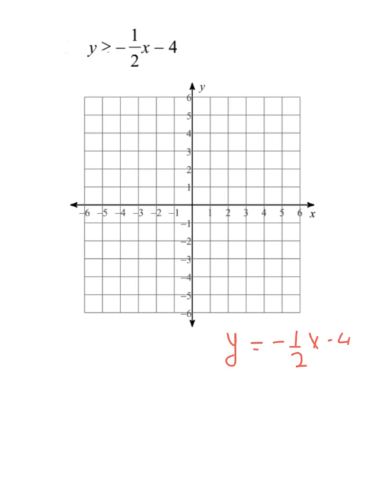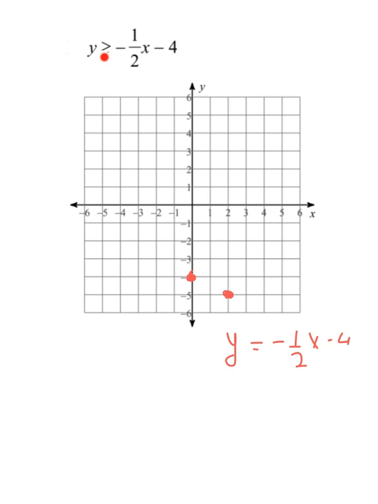Okay, and I graph this equation. The y-intercept is negative 4. The slope is negative 1 over 2, which means I go down 1 over 2. And before I graph the line, I need to come back up here and look.